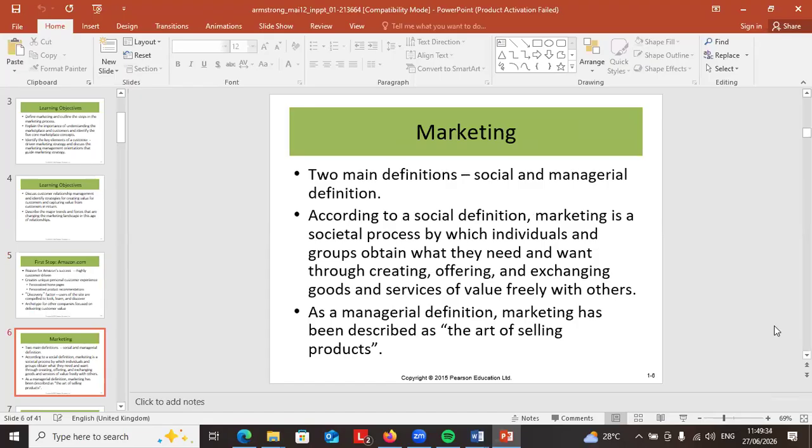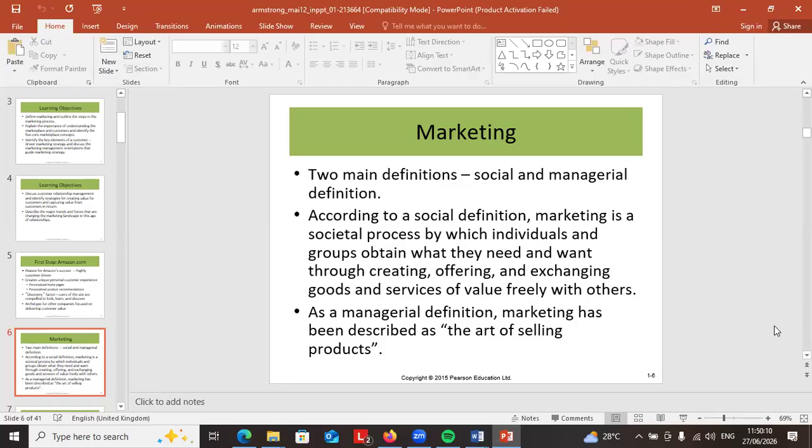Now, let's come to the definition of marketing. There are two main definitions of marketing: the social and the managerial definition. According to the social definition, marketing is a societal process by which individuals and groups obtain what they need and want through creating, offering, and exchanging goods and services that are of value freely with others.